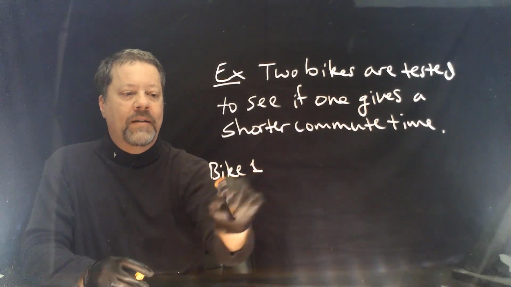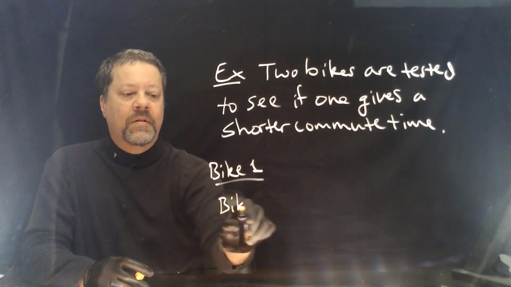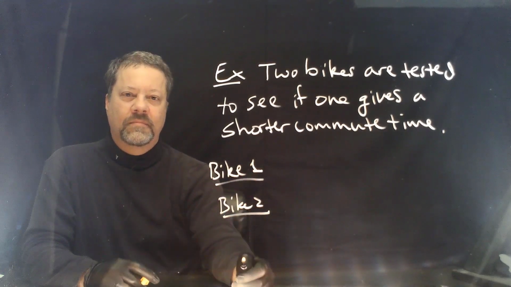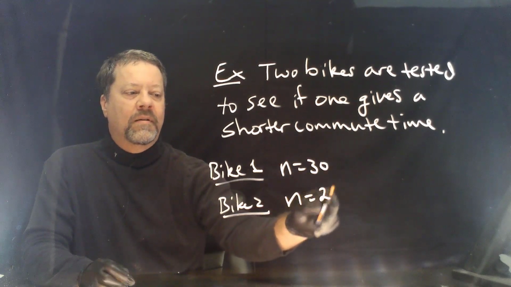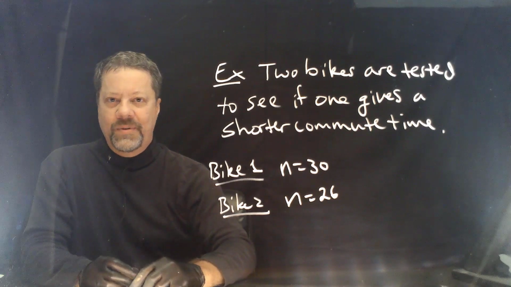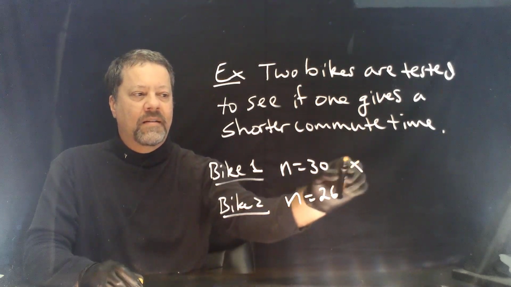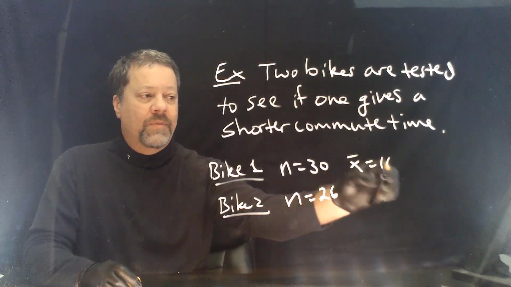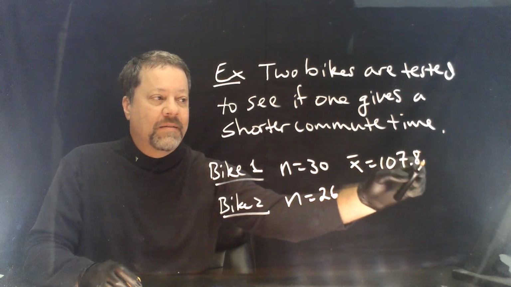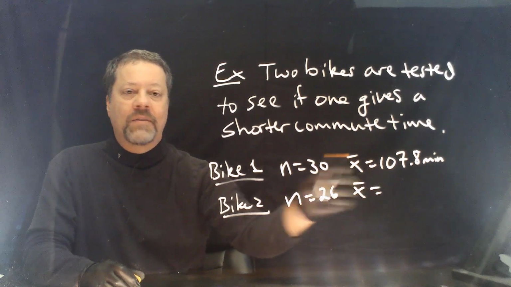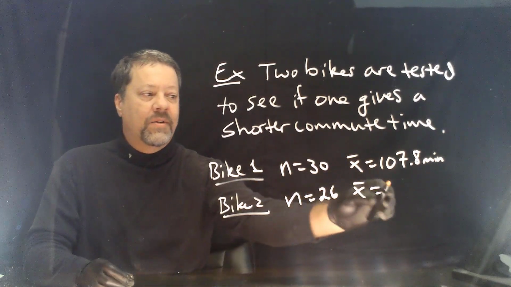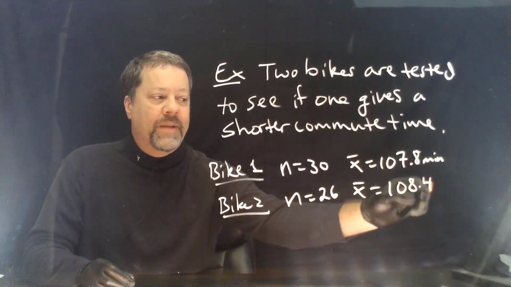There's bike 1 versus bike 2, and 26 trips with bike 2. The mean commute time with the first one was 107.8 minutes, whereas the mean with the second one was 108.4 minutes.